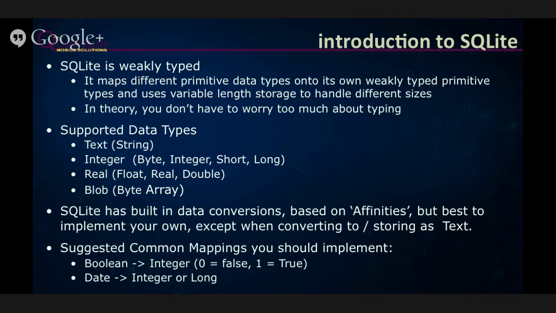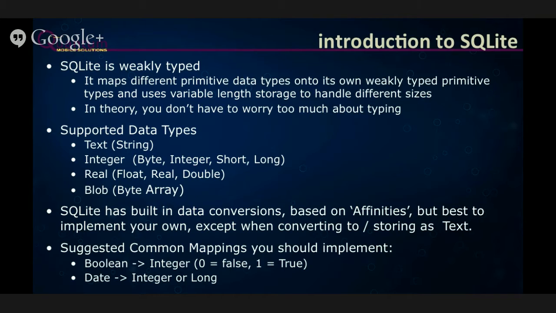So it really only has 4 basic data types that it supports. Text, which is basically strings. Integers, which are basically bytes, integers, shorts, and longs. Reals, which are basically floats, reals, doubles, that sort of thing. And then blobs, which is basically a byte array of data.